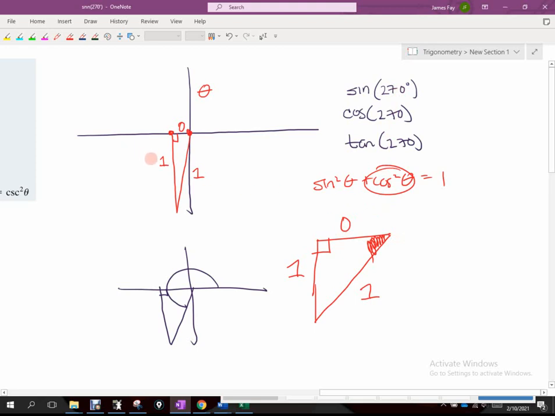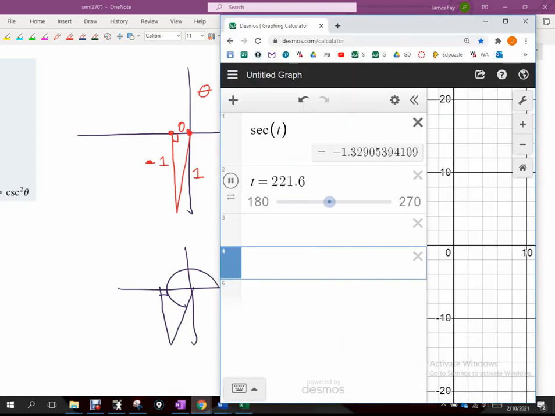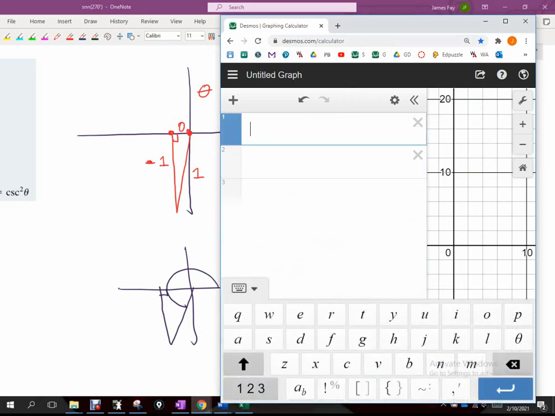Okay, now this number here would be negative, right? Because we're in the third quadrant. Okay, so this is negative. If I said sine of 270 here, you would say negative 1 over 1, right? Does that make sense? If I type in sine of 270, does it give you negative 1?